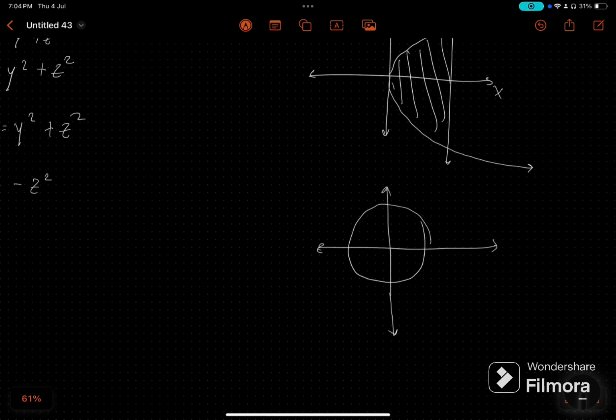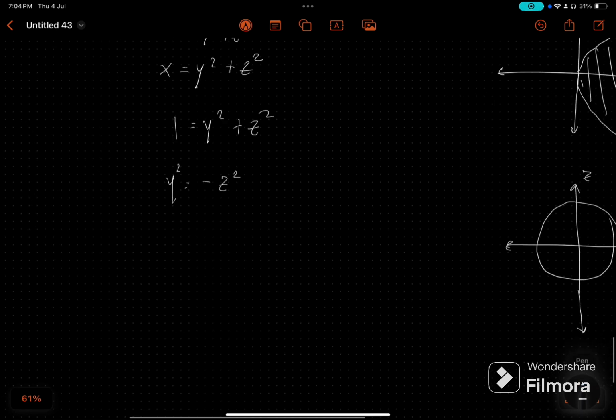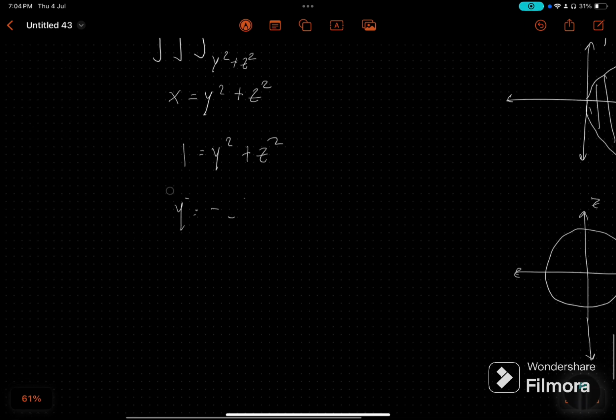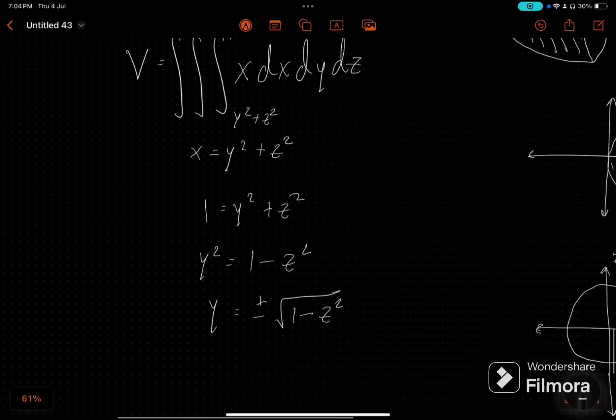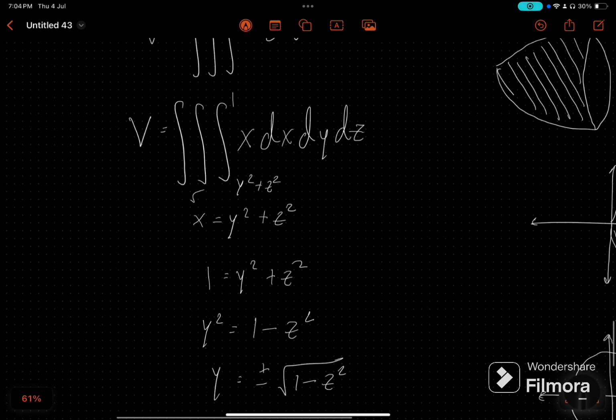So this is the YZ plane, this is our circle, and this is something that's doable. So y squared equals 1 minus z squared, and then y equals plus minus the square root of 1 minus z squared. And now these are our limits for the y: minus the square root of 1 minus z squared, and the square root of 1 minus z squared.